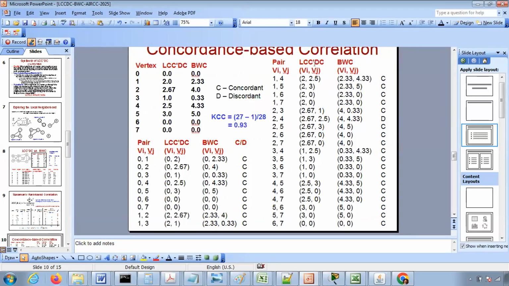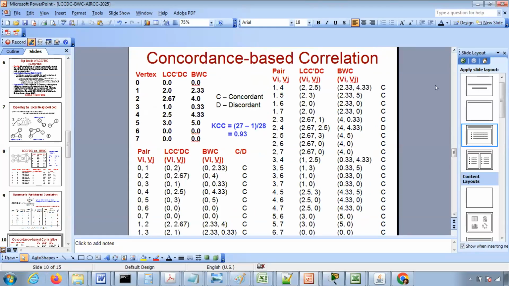Similarly, you can also measure what's called the concordance-based correlation. That means if I take two vertices, say Vi and Vj, if the LCC prime DC of Vi is greater than the LCC prime DC of Vj, and the betweenness centrality of Vi is also greater than the betweenness centrality of Vj, we say the pair is concordant.